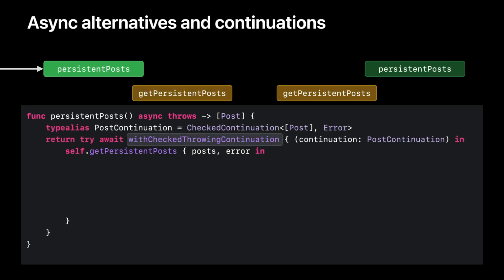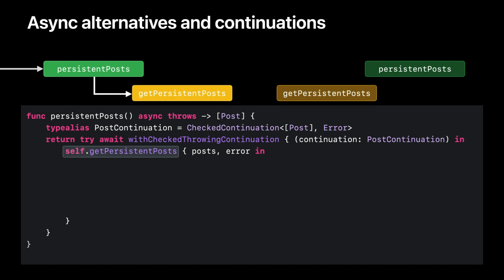The withCheckedThrowingContinuation function lifts completion blocks with errors up to throwing async Swift functions. It has a counterpart called withCheckedContinuation, for the situations where you know a function will never throw an error. These functions are the way to gain access to a continuation value you can use to resume a suspended async function. This also builds the first part of the bridge by allowing us to await calls to get persistent posts.